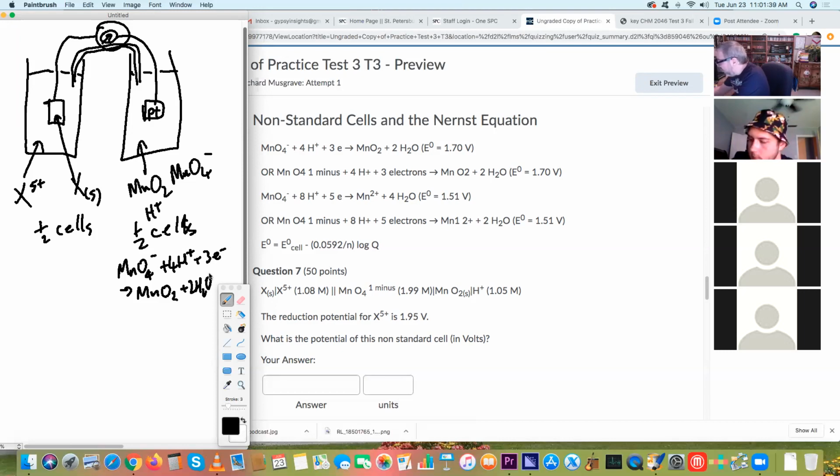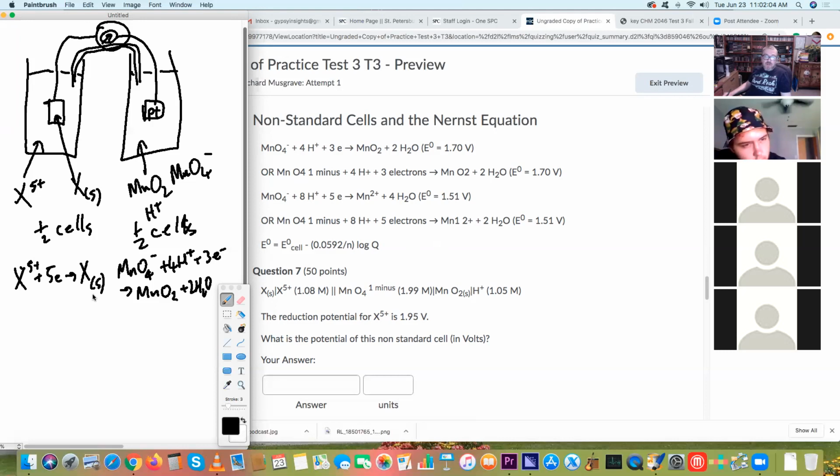Now, the other half reaction over here, these are always presented as reductions from the outset. It's going to look like this: X5 plus plus 5 electrons gives X solid. Now these are called reduction potentials because the electrons are all on the same side.